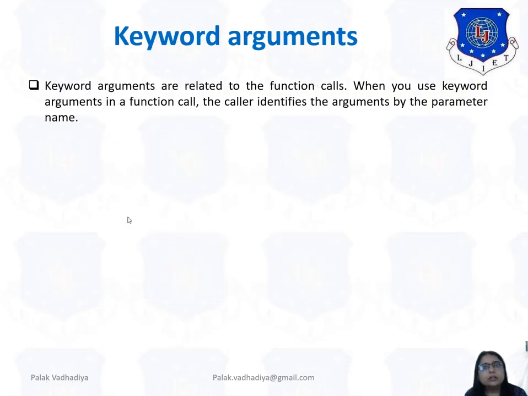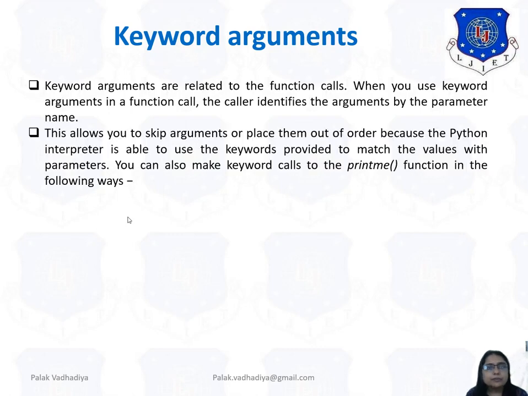Next is keyword arguments. The keyword arguments are related to function calls. When you use a keyword argument in a function call, the call identifies the arguments by the parameter name. This allows you to skip arguments or place them out of order because the Python interpreter is able to use the keyword provided to match the value with the parameter.